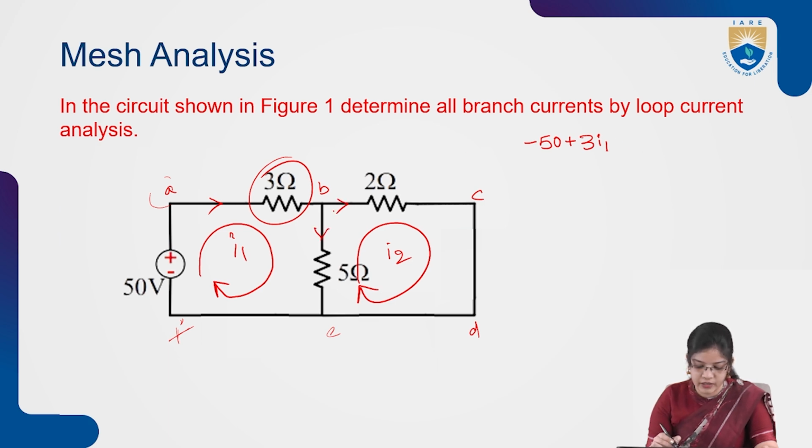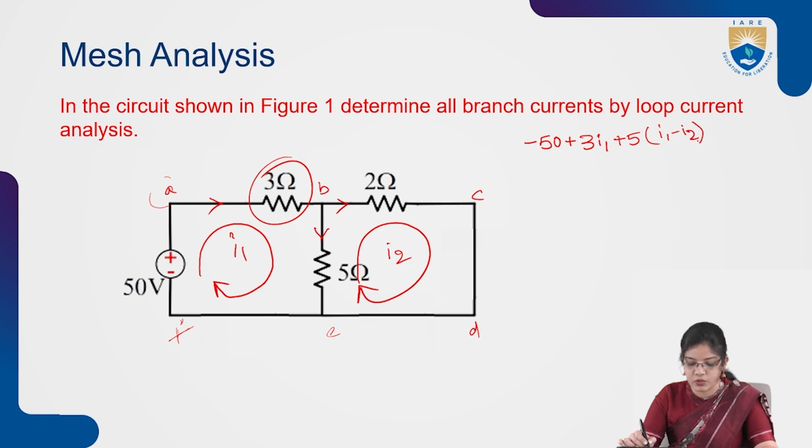Here it is dividing, so again I am considering only this mesh, I1. Considering the resistance of 5 ohms, for the first mesh I take 5I1 minus I2 equals 0.